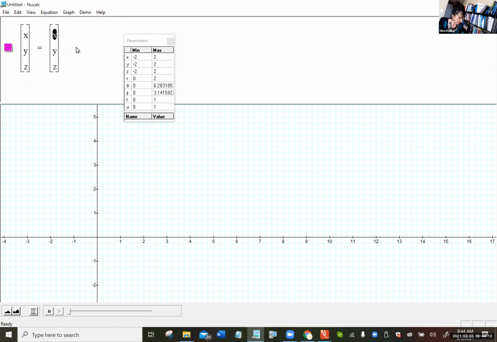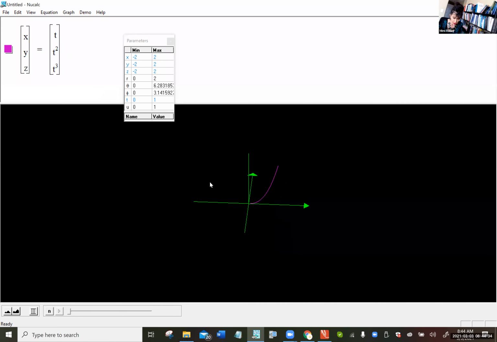This is how you do vector valued functions here. So if I put in t, then t squared, and then instead of z here, we'll have z equals t cubed. And if I try graphing it now, I may only graph a little piece of it. Yeah, this is a little piece of this twisted cubic.